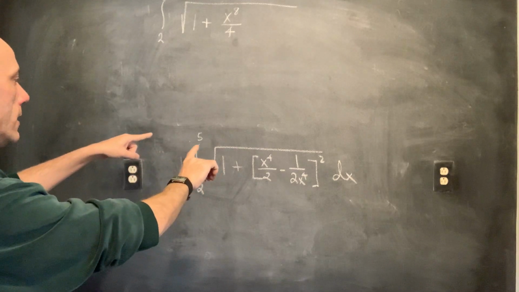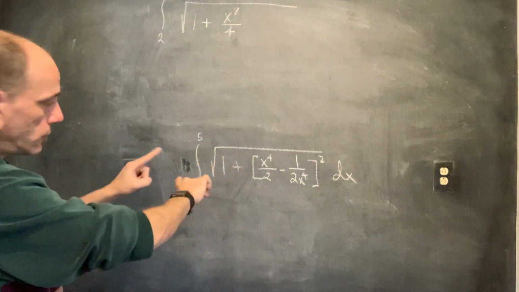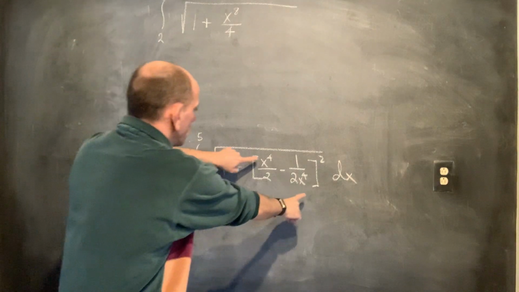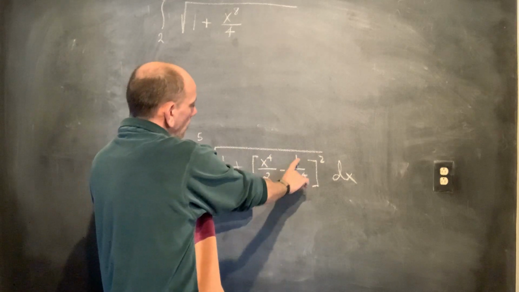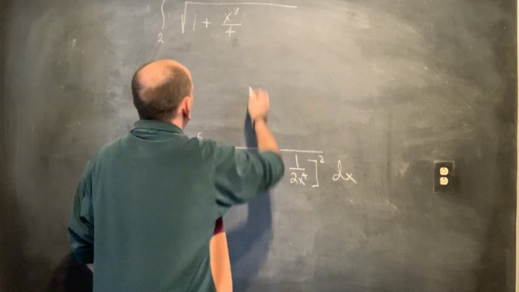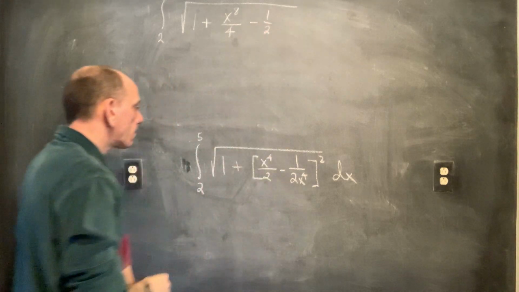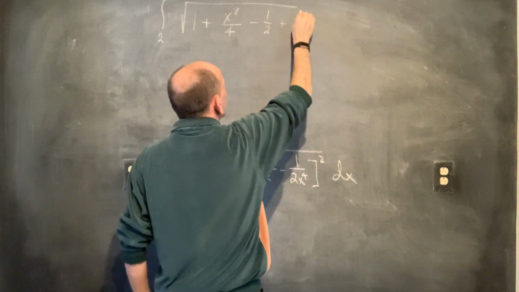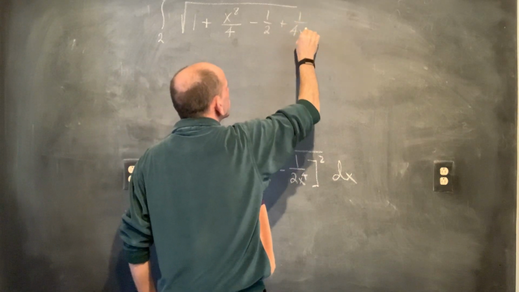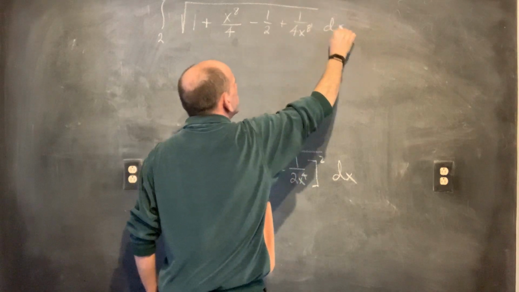So we'll get minus 1 over 4, but then multiply by 2. So 2ab right in the middle. So the x to the 4th over x to the 4th, those will become 1. We've got minus 1 over 4, but multiply by 2. So minus a half. And then square 1 over 4x to the 8 dx.